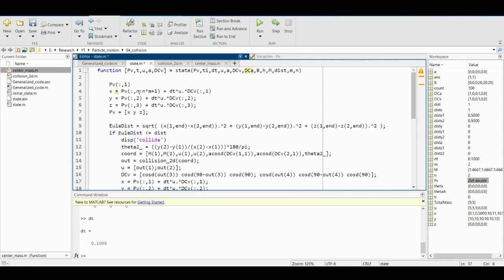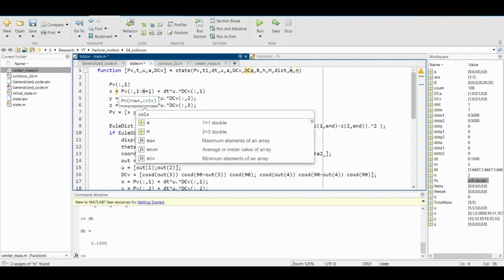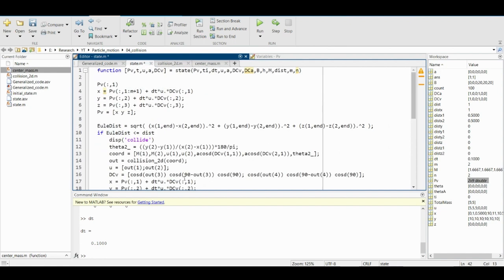Wait a second, maybe this is gonna work. So it will be like from 1 to... Control A, Control I. So X will be from all rows from 1 to 3.